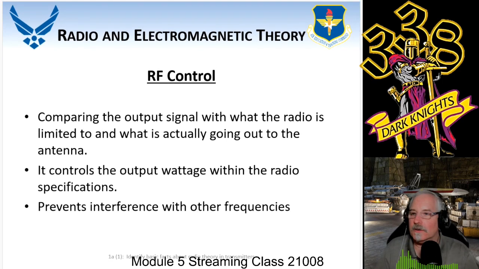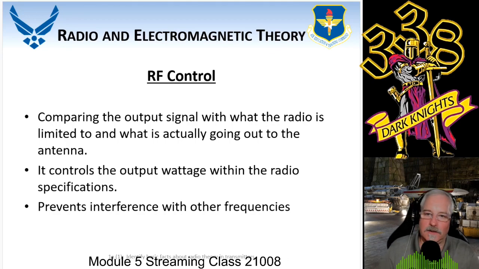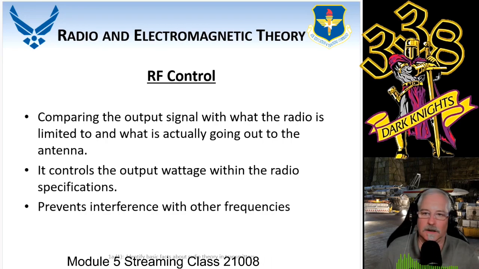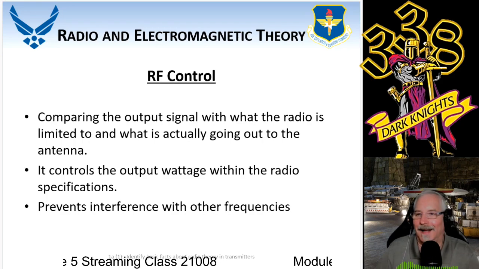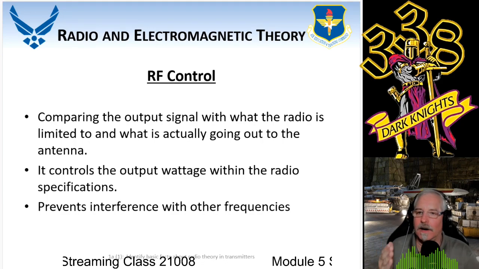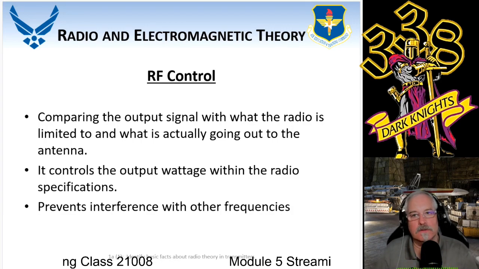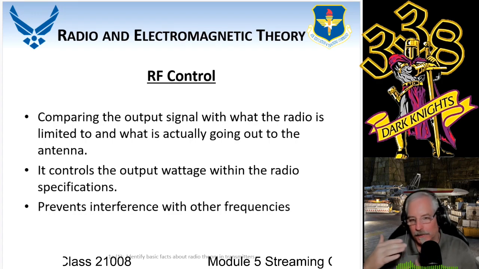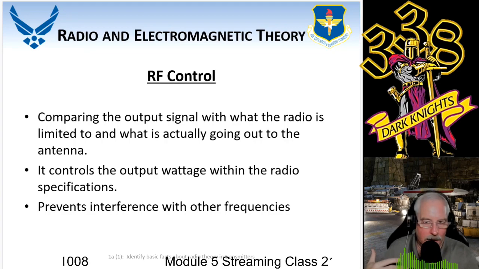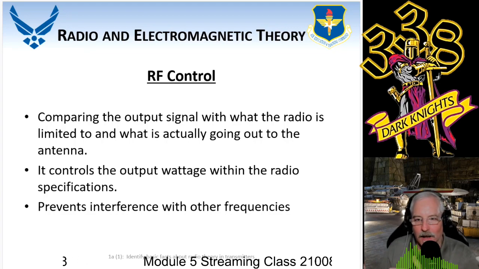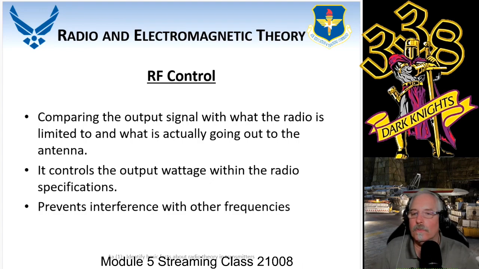When we look at RF control, what you don't want to happen is have that amplifier go nuts on you and decide to amplify everything into great measures. That's where the RF control comes into play. The idea is if I set my radio at 10 watts, I want it to be at 10 watts all the time. Now, there is a percentage, like 10%, it might be going down to 9 watts or 11 watts, but as long as it stays within that acceptable range, we're fine.